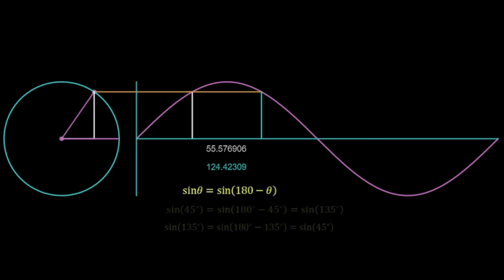And from the previous example we looked at, we can see that the sine of 45 is equal to the sine of 180 minus 45, which is the sine of 135. Equally, we could turn it round the other way. We could say the sine of 135 is equal to the sine of 180 minus 135, which is the sine of 45. So we have this nice little trigonometric identity that we can use.